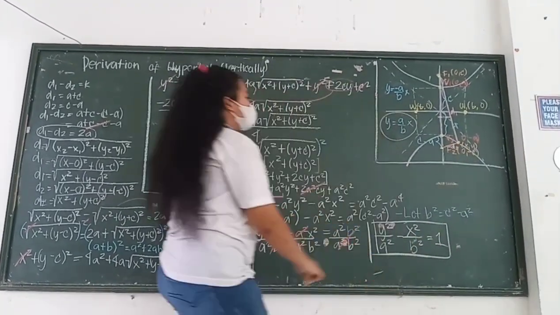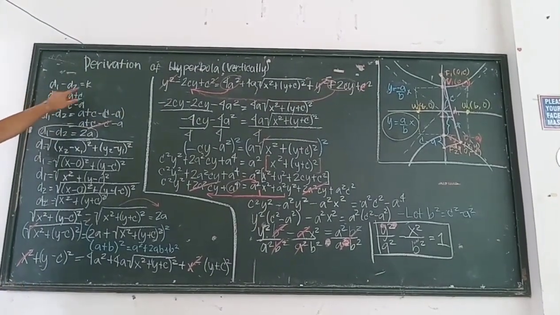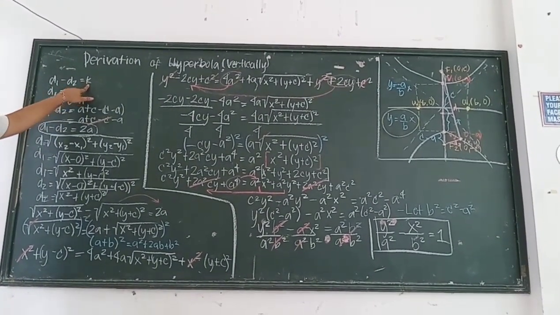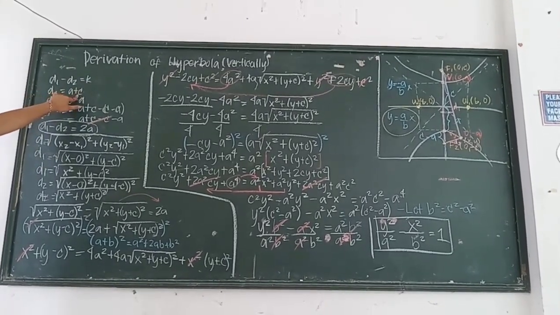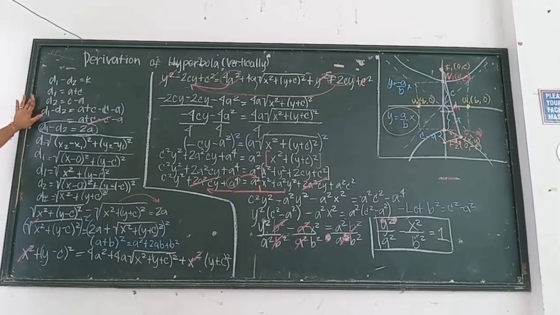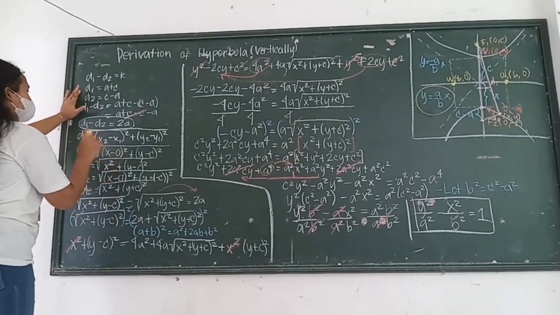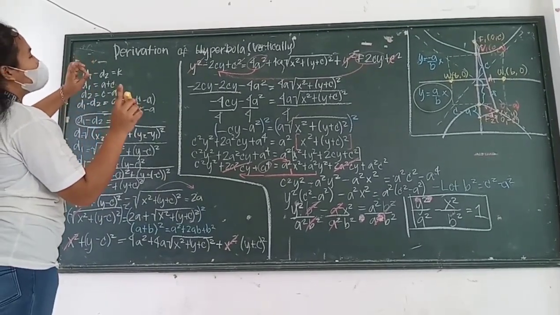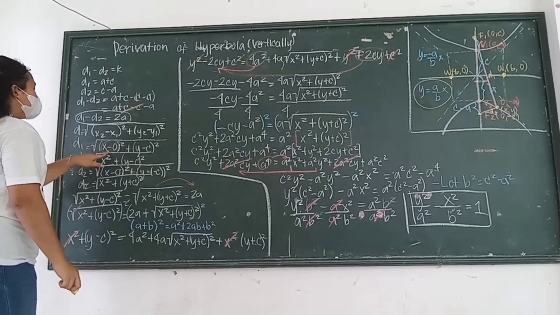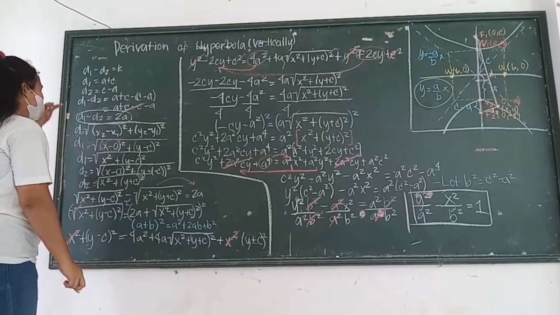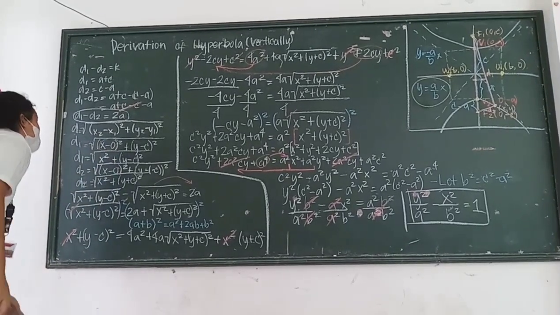So distance 1 minus distance 2 is equal to k. Again, unknown number. So distance 1 is equal to a plus c. It has the same process as the horizontal, but we have different values.